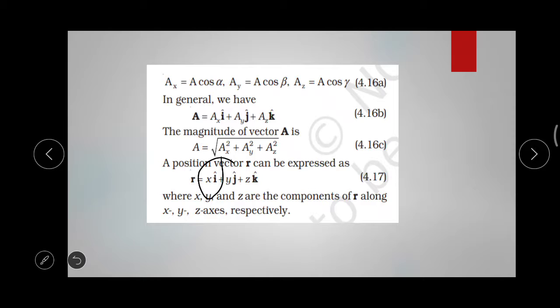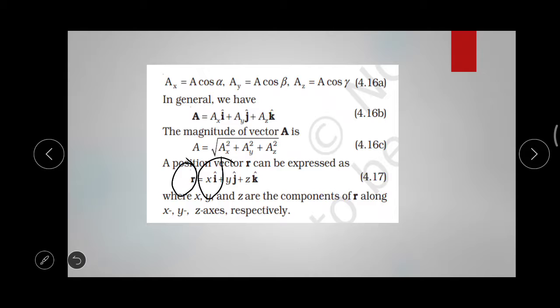Okay, and when you are multiplying it with the unit vector, that will become the vector quantities, and the capital R, that is the position vector of a particular point, will be the magnitude of x component into i cap plus the magnitude of y component into j cap plus the magnitude of z component into k cap, where x, y, z are the components of R along x axis, y axis and z axis respectively.